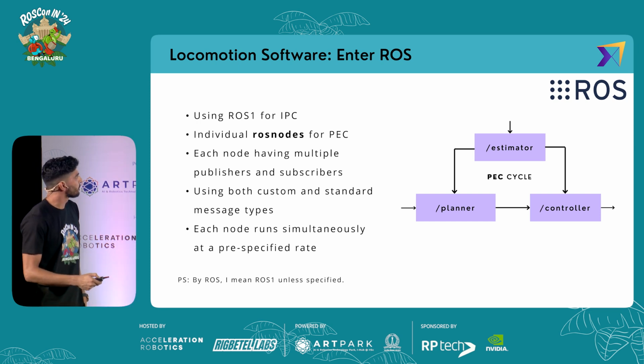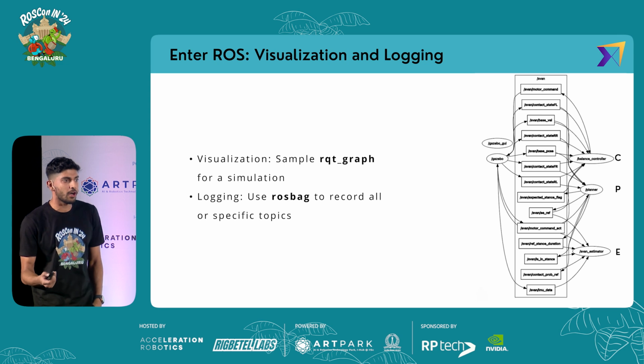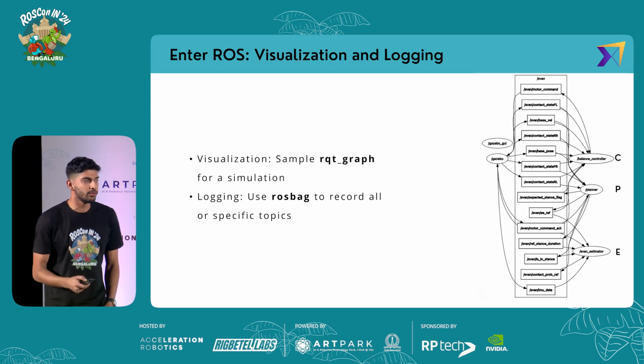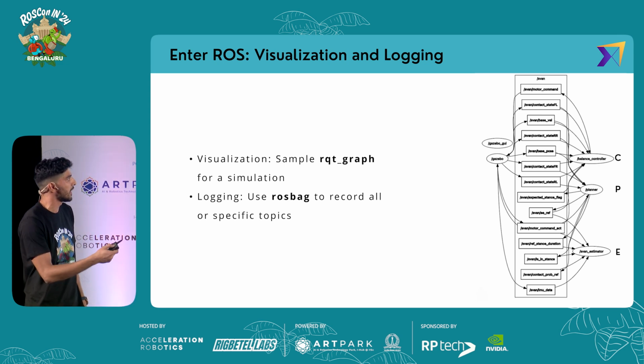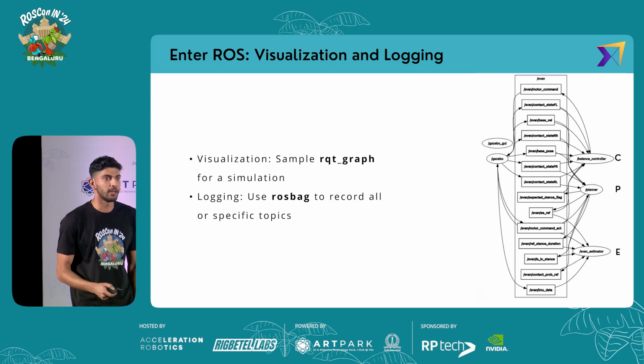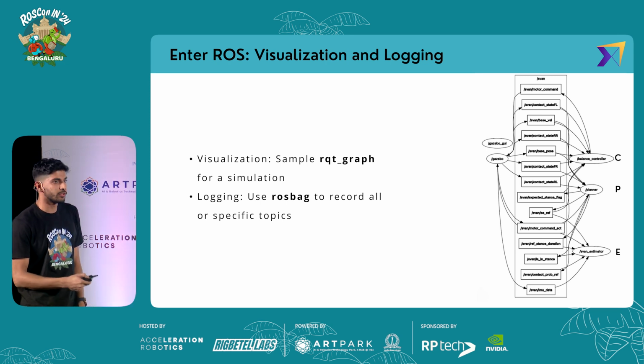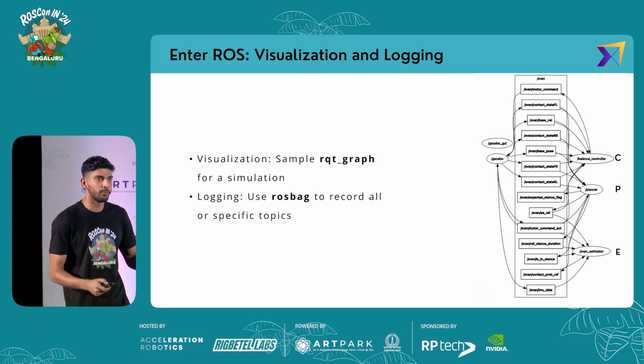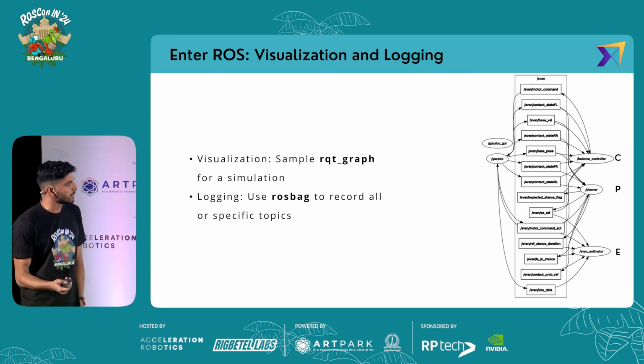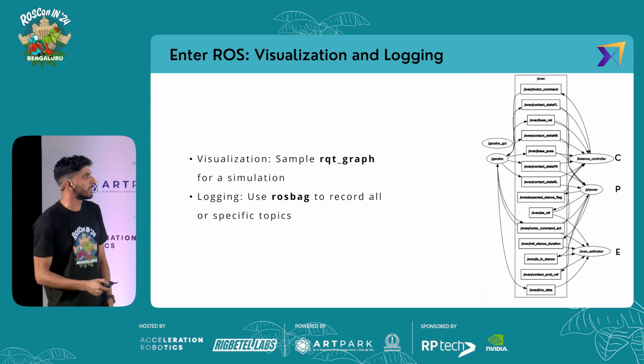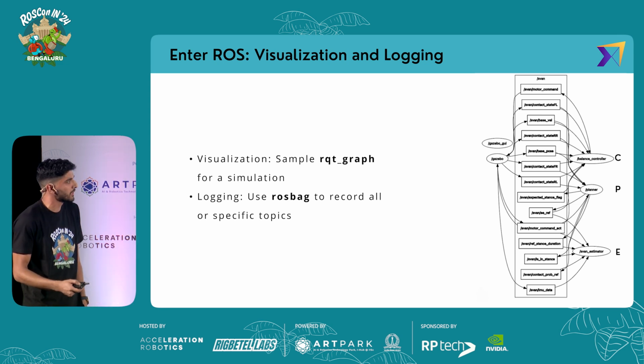Now, when we use ROS, these are a few of the common tools that we use. We use RQT graph to visualize the connections between the different nodes and the topics. We use ROS bags for logging data. These are a few very basic tools that ROS provides to make the developer's life easier.